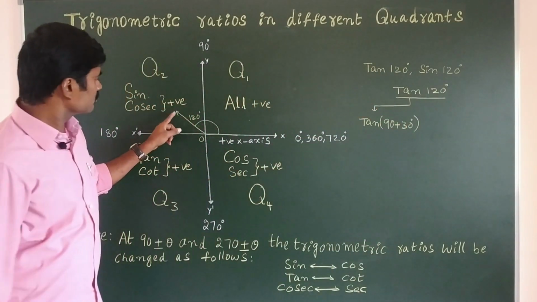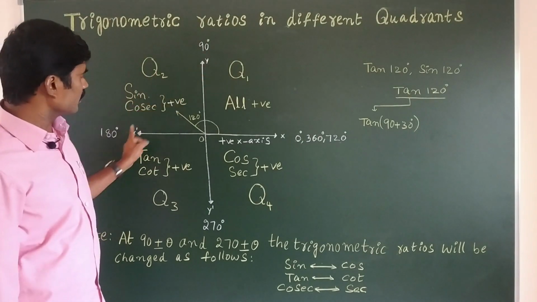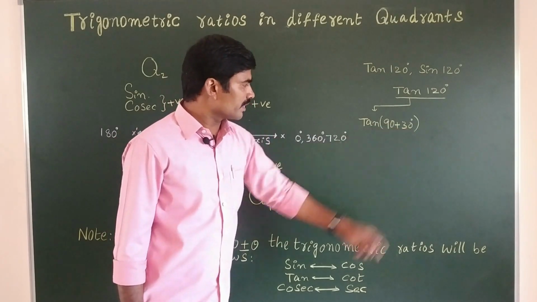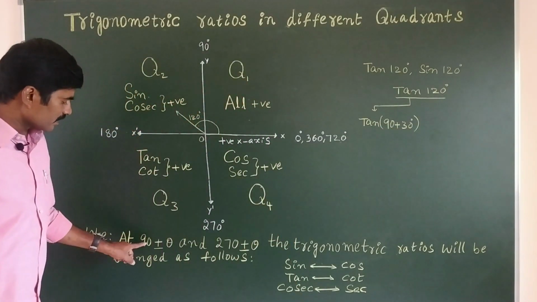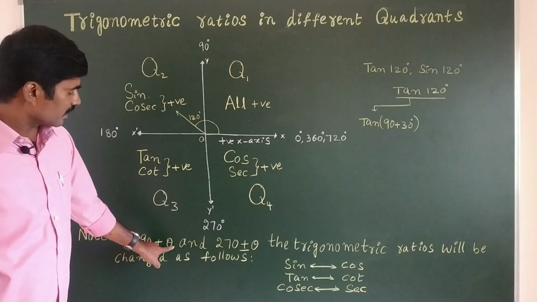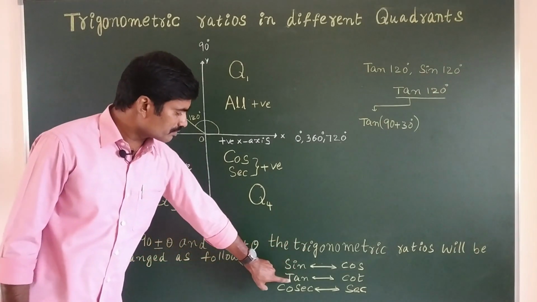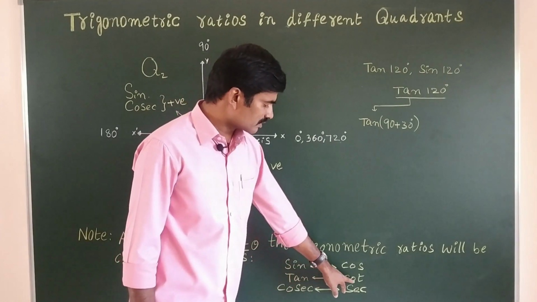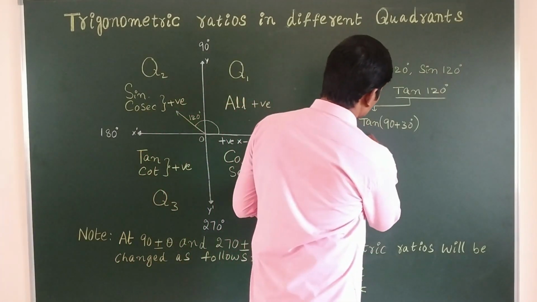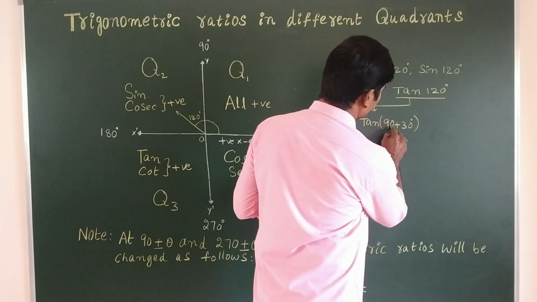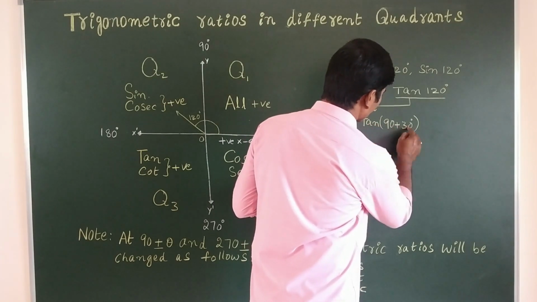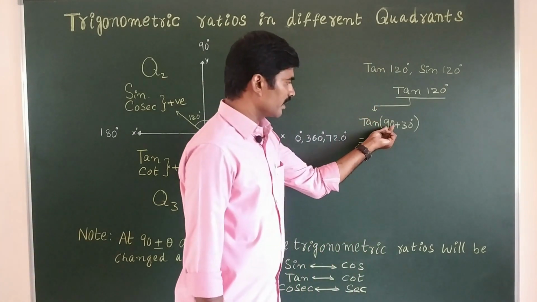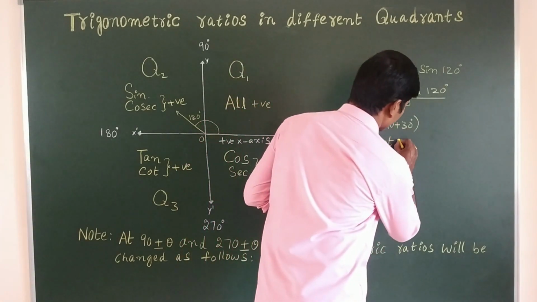By using this quadrant ending angles, we can find with the help of tan 90 plus theta. Already the note is there: at 90 plus or minus theta, the trigonometric ratios will be changed. So tan interchanges as cot. So tan will be changed as cot, and neglect 90 degrees, just write 30 degrees.